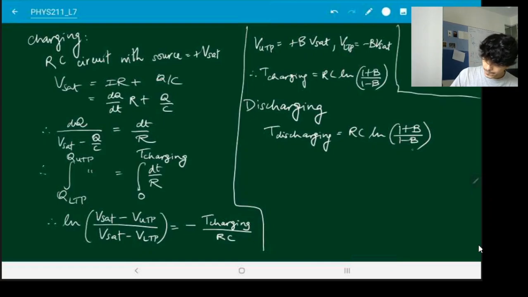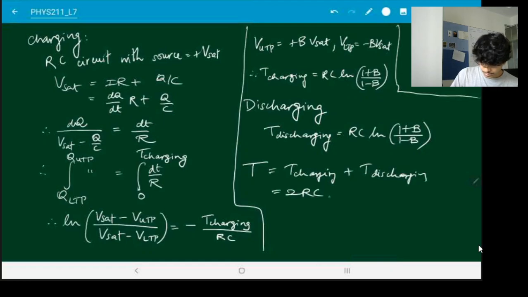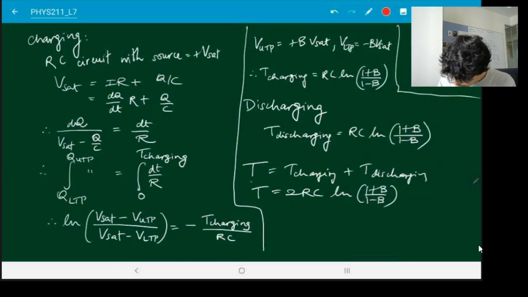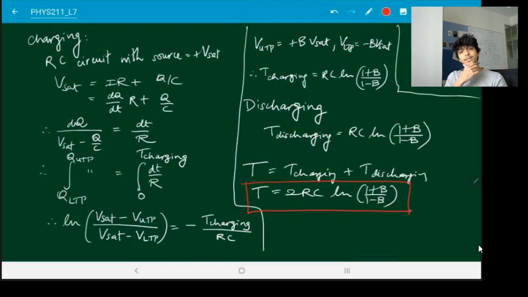So the total time period of the full wave is T charging plus T discharging, which is twice RC log 1 plus B over 1 minus B. So this is the formula for the time period of your relaxation oscillator. And then of course if you want the frequency, then that is just 1 over time.